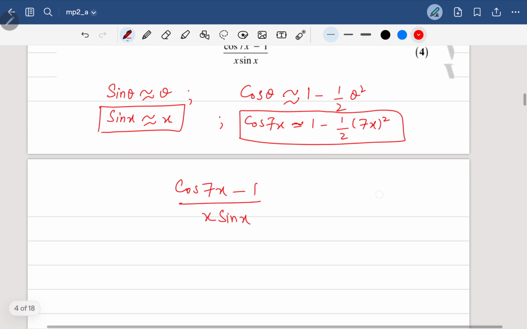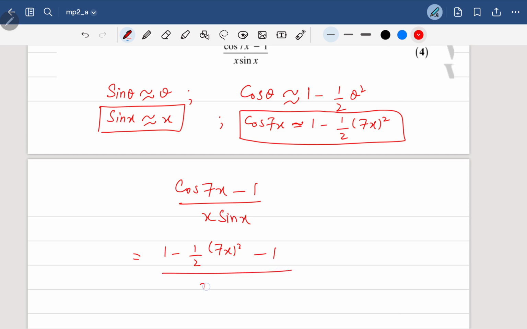So cos 7x we replace with 1 minus half 7x squared, minus 1, over x times this sin x we replace with x.